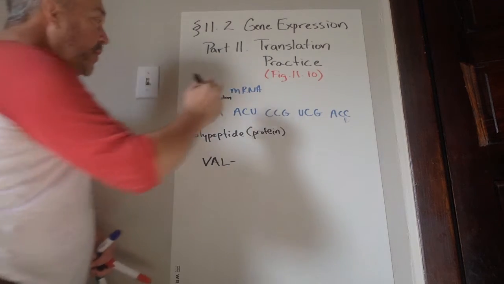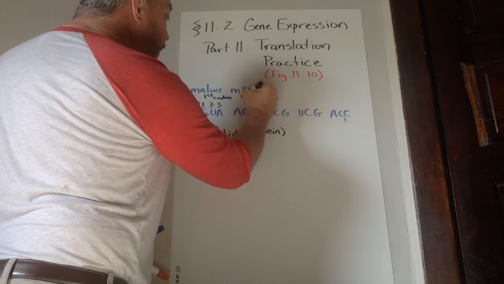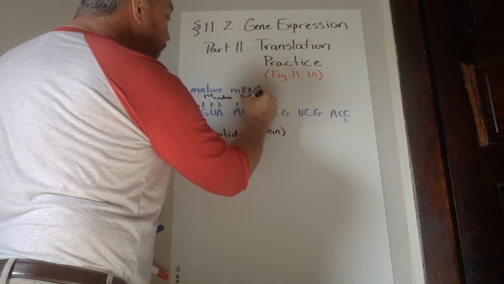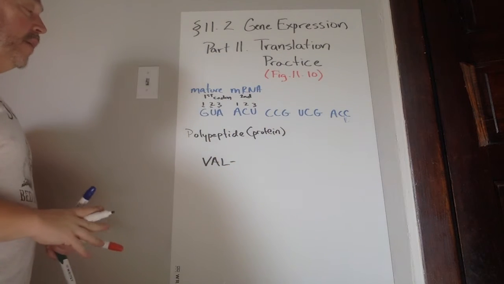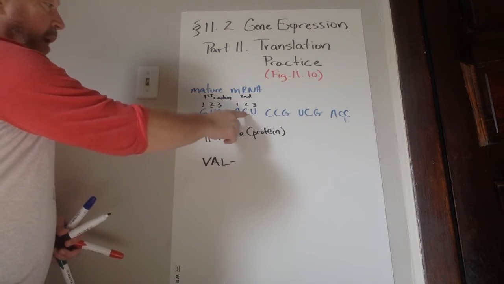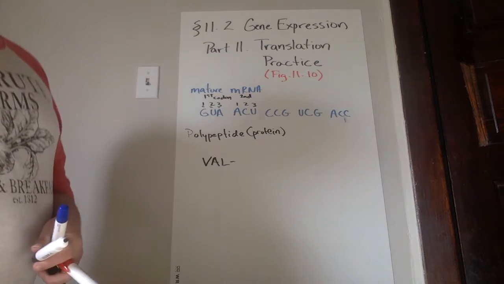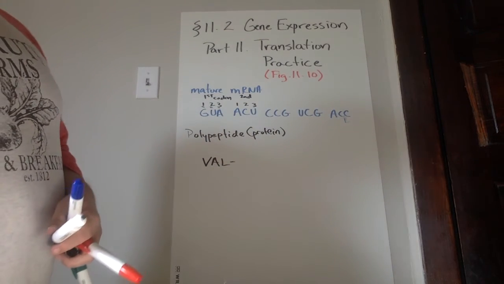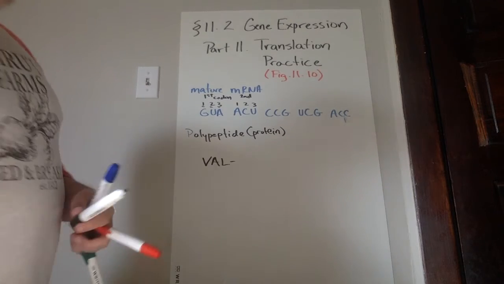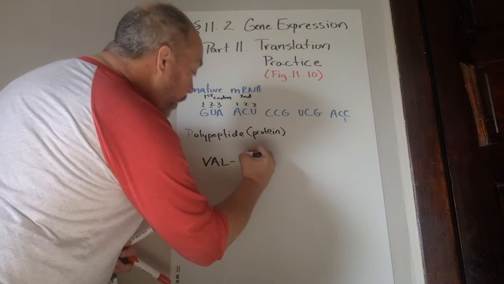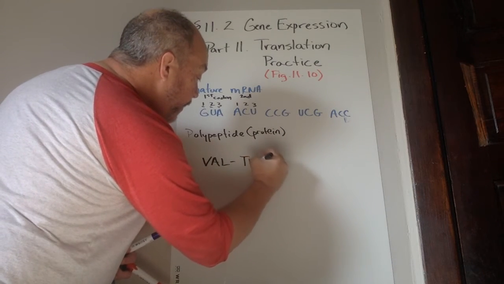Let's go to the next one. So this is the second codon. This is the first, second, and third spots here. So we're going to go to row A and column C where they intersect. And in that we see that ACU is going to code for that threonine again.